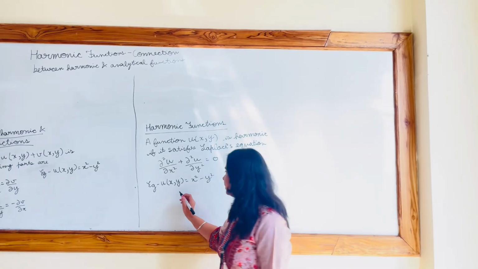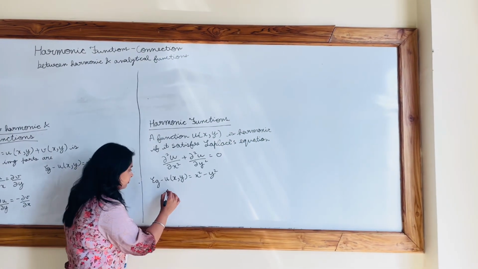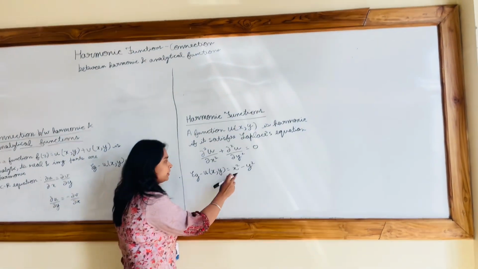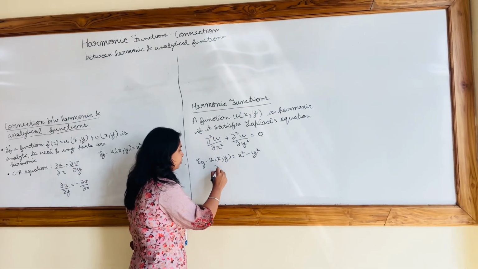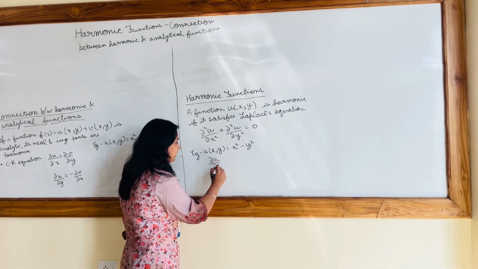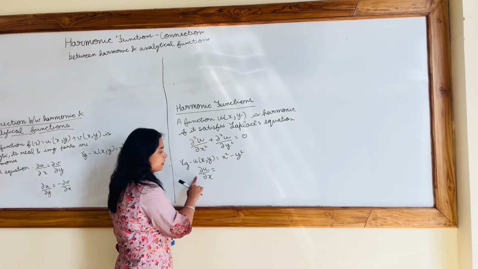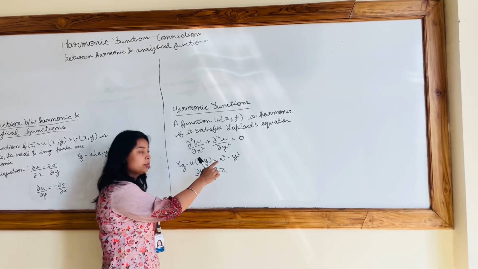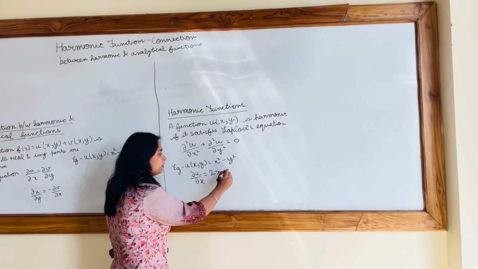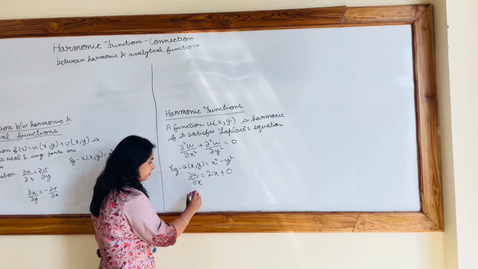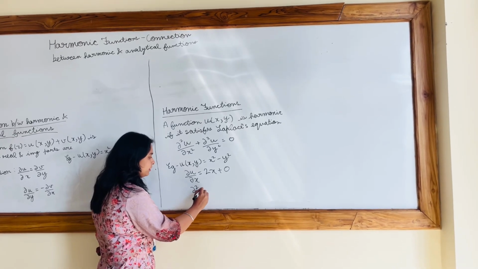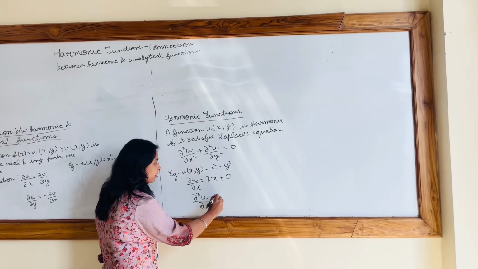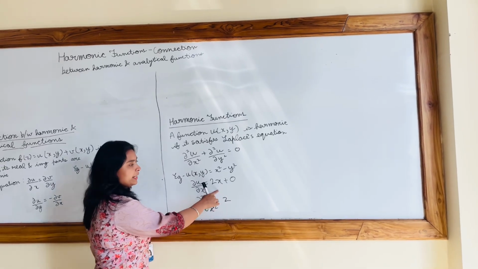First of all we'll differentiate with respect to x. So dou u by dou x, first order differentiation, would be 2x, as we are differentiating with respect to x and y is constant, so it becomes 0. If we differentiate again, it becomes 2.